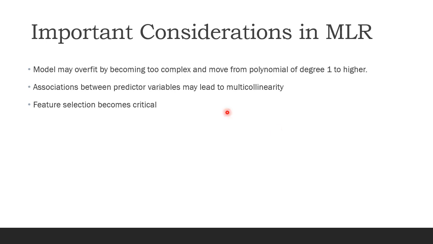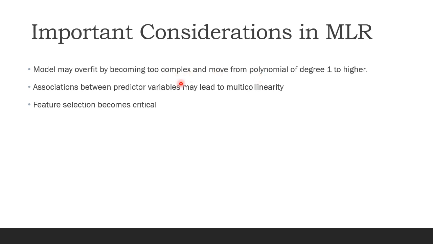A few important considerations in a multiple linear regression problem. If we have too many variables, which is usually the case in real life, we are moving from a simple line of degree 1 to a polynomial having a higher number of degrees, depending on the number of independent variables.